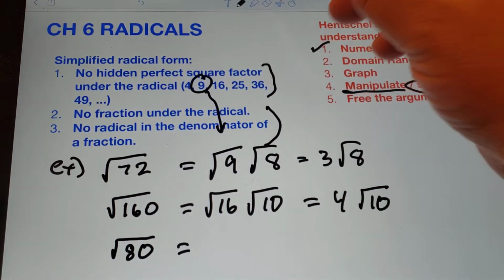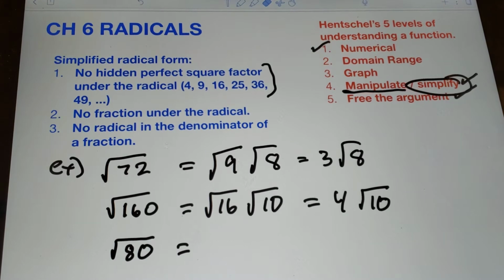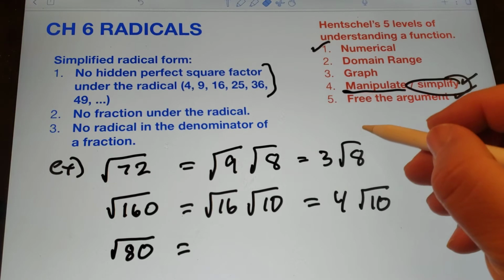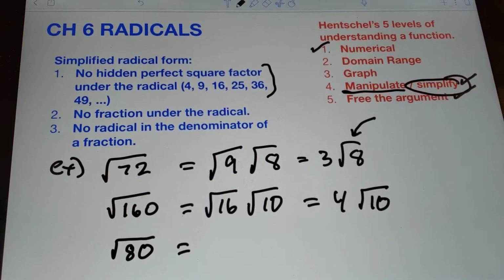All right. The motions I just went through to do that problem might feel kind of right, but the mission was not accomplished. The whole purpose of doing this was to make sure I had no perfect square factor. Now I say hidden.